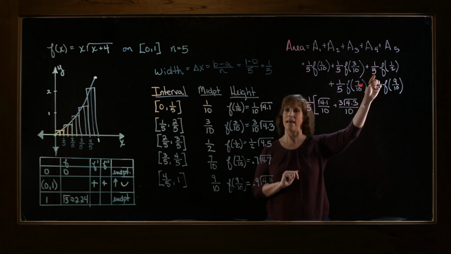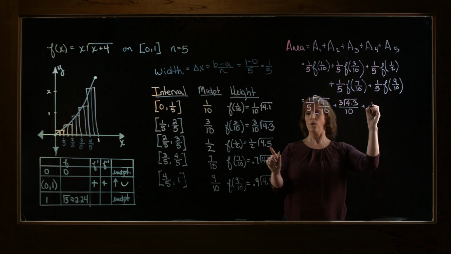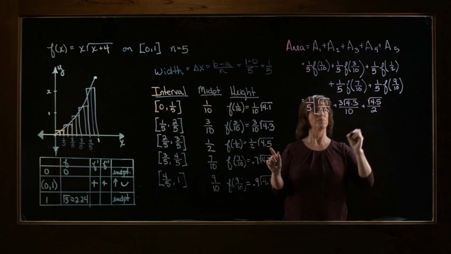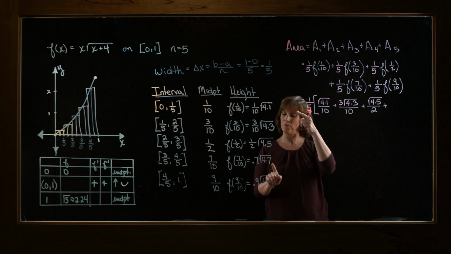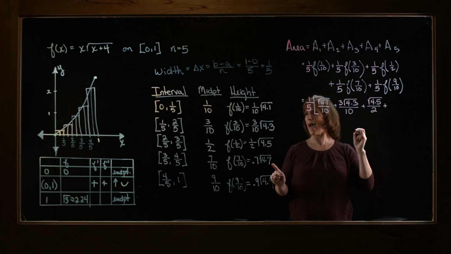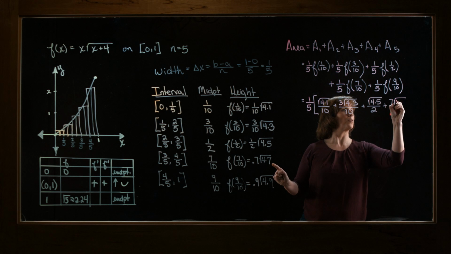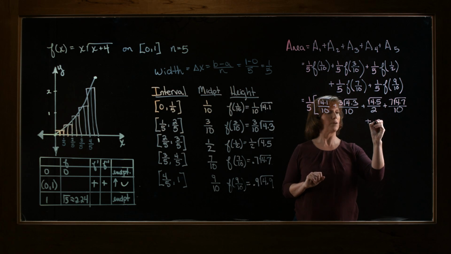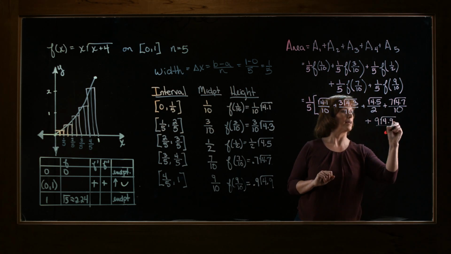For the third piece, again, the 1/5 gets factored out, and I will have the square root of 4.5 all over 2. The fourth rectangle, the 1/5 is pulled out, and I'm going to have 7/10 times the square root of 4.7. And then the final one, the 1/5 is pulled out, and I'm going to have 9/10 times the square root of 4.9.